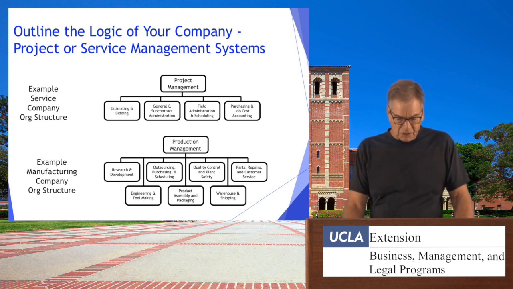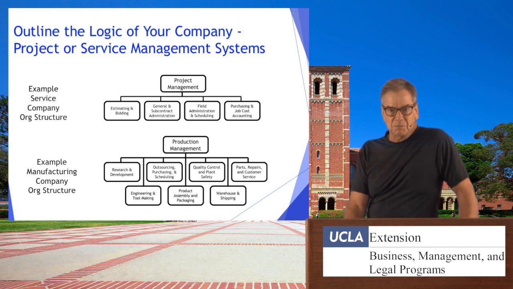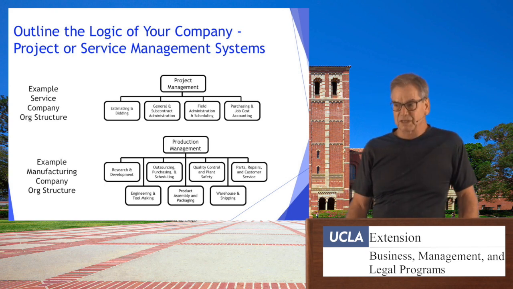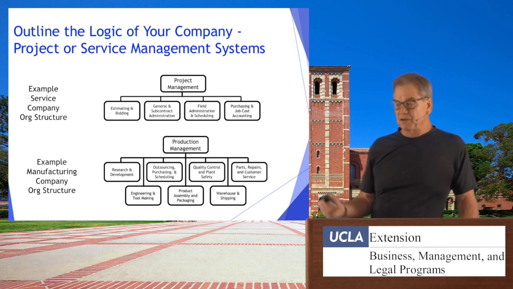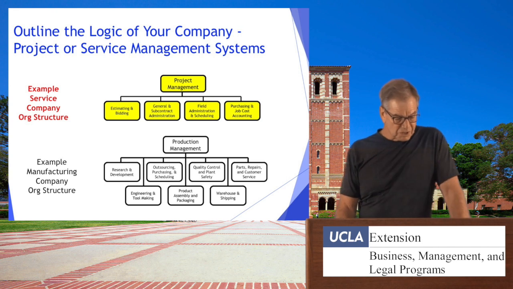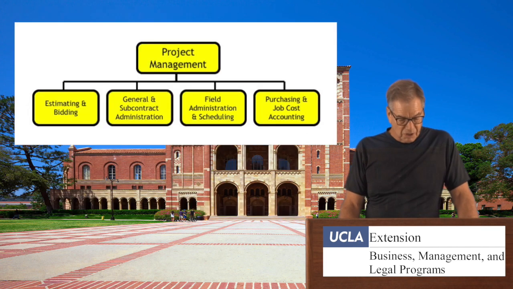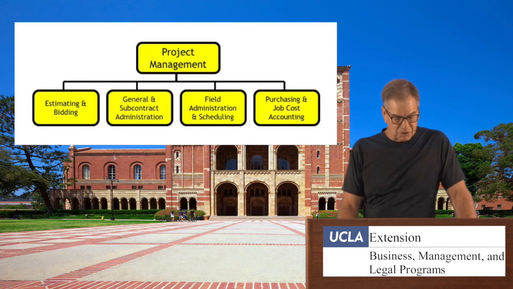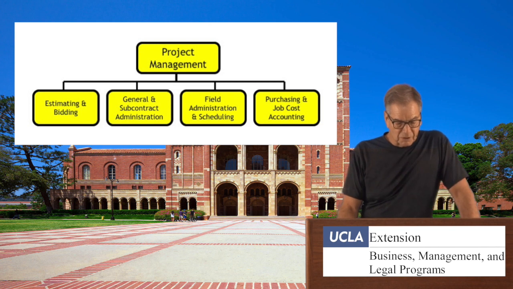This next example I want to give just a simple explanation of the difference between a service-based organization and a product manufacturing-based organization. So here's an example of a service company, like a general contractor, where we have estimating and bidding, general and subcontract administration, field administration and scheduling, and then purchasing and job cost accounting.